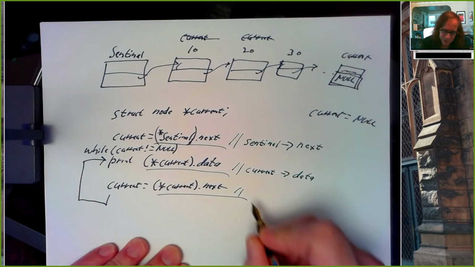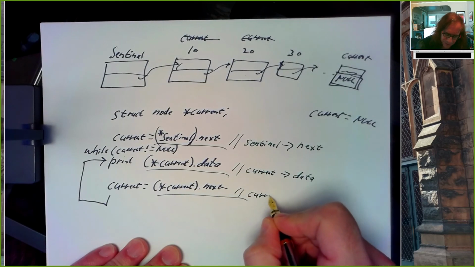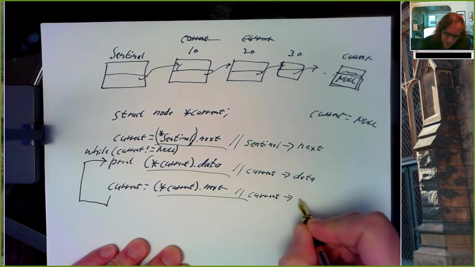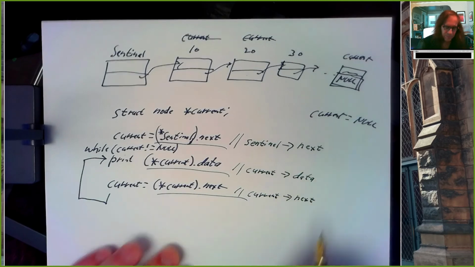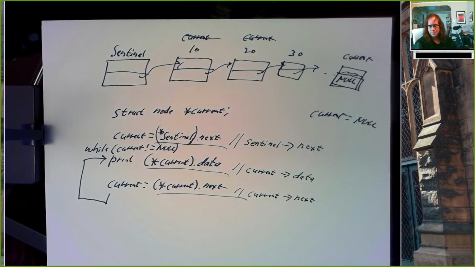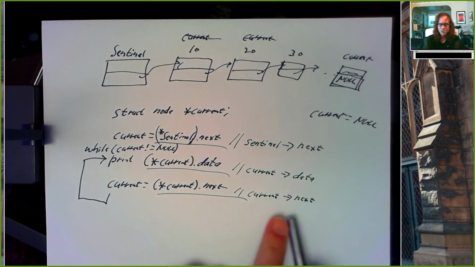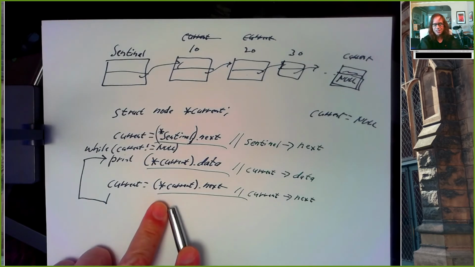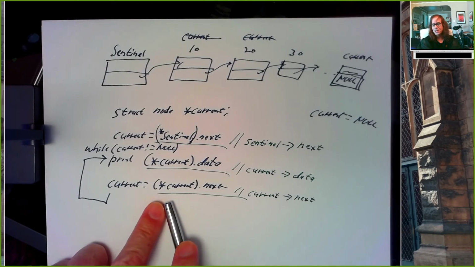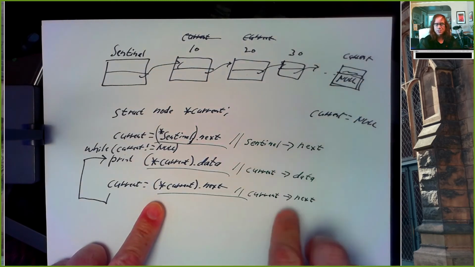Instead of star current dot next, we can say current arrow next. And you always want to use this kind of shorthand. Don't write things like that unless you're first writing this and trying to understand exactly what's going on. Go ahead and do that. But once you understand it, switch to the arrow notation.